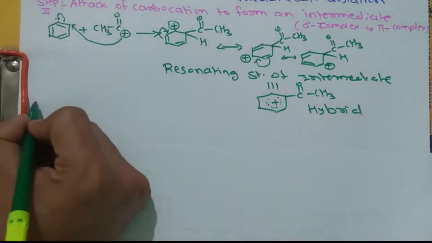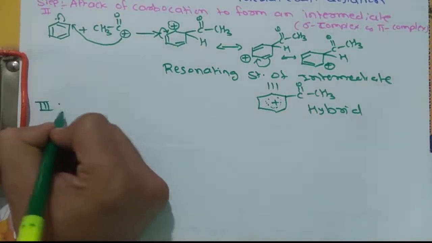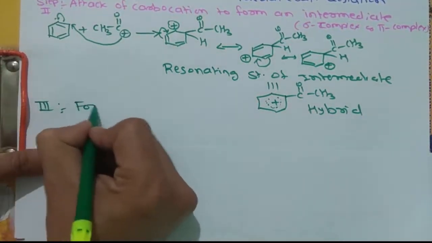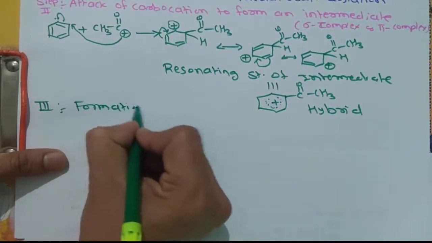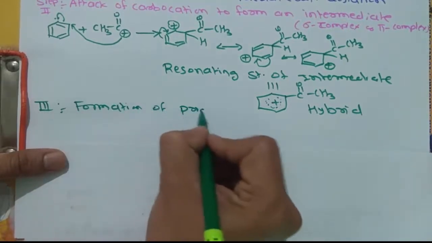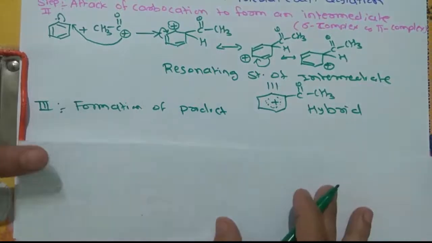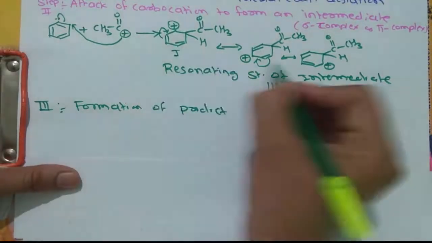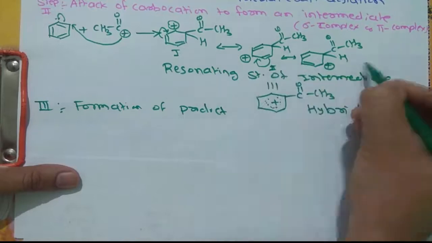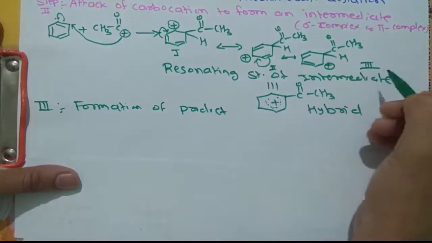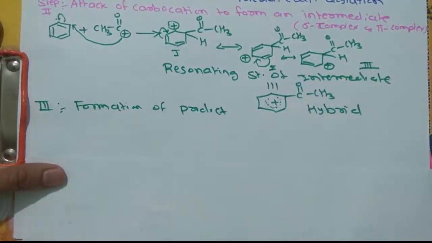In step third, the formation of the product takes place. We can write the intermediate first, second and third, and we can take any intermediate.